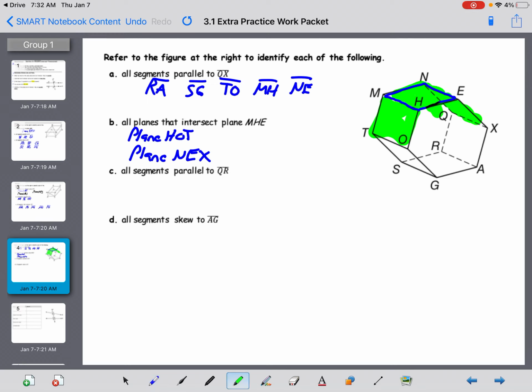Your back plane, which is all back here, which we can call plane TSR or MNQ. And then also, your front plane, which is right here in the front quadrant, we can call that HOG.